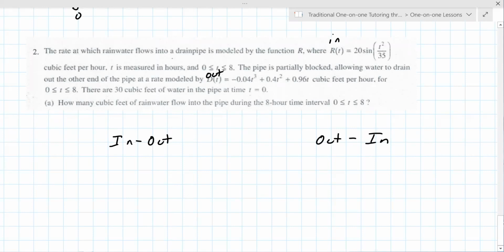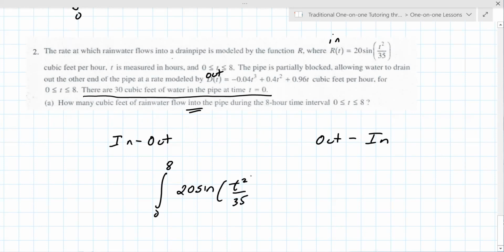And they tell you that initially there's 30 in the pipe. So it says how many cubic feet of rainwater flow into the pipe. So we care about into during the interval from 0 to 8. So that's the integral from 0 to 8 of big R of t dt, but you have to add in the initial value of 30.